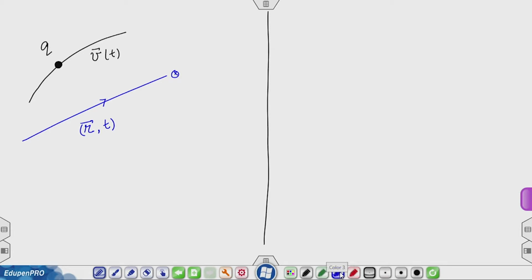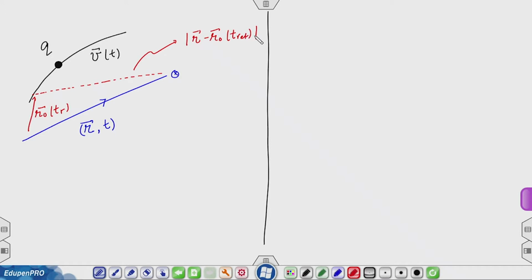However, because of the finite speed of propagation of electromagnetic waves, the field at this point is calculated by the position of this point charge at an earlier time. This I am going to call r naught at t retarded, so that this distance is r minus r naught at t retarded.